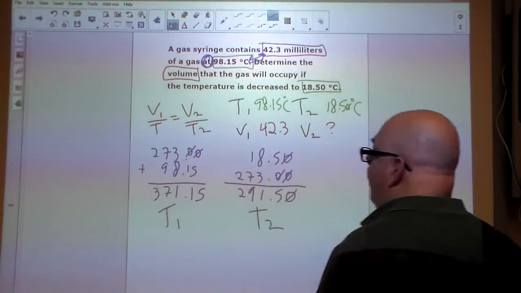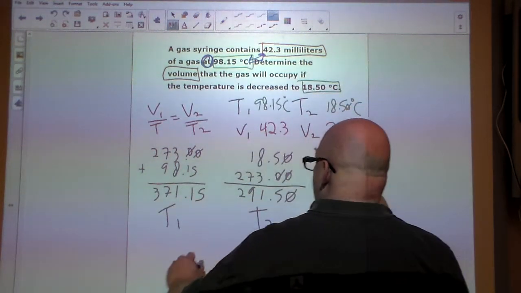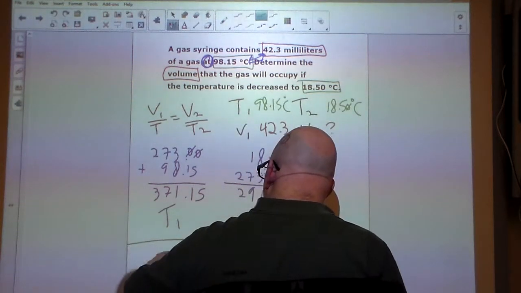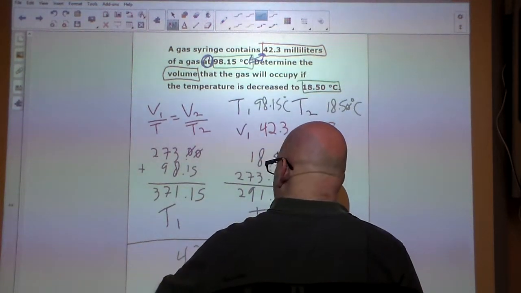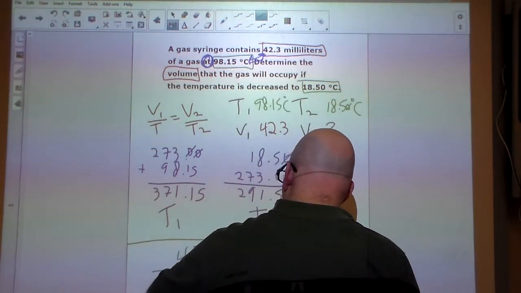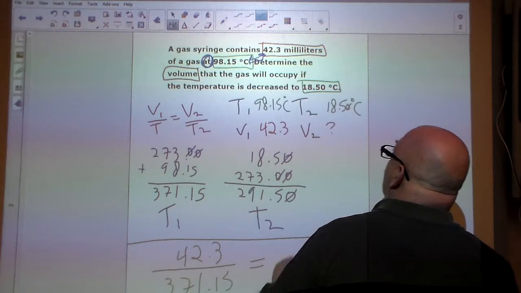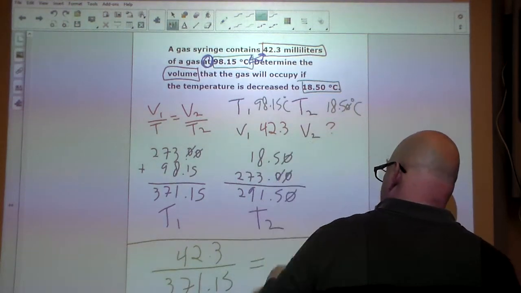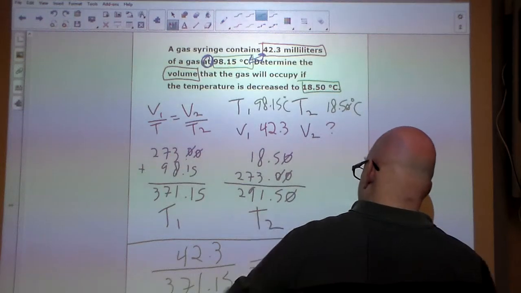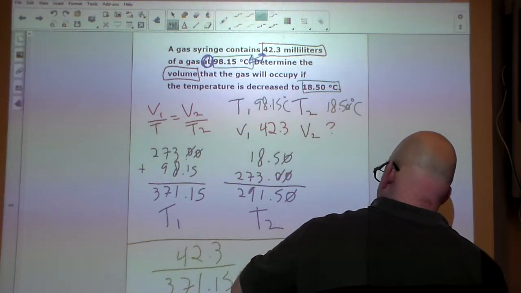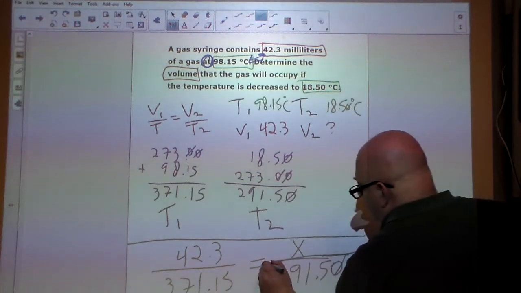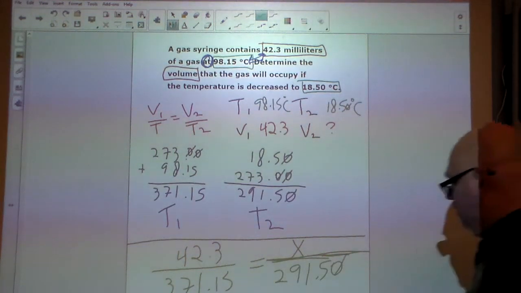So here we go: 42.3 over T1, 371.15, is equal to our volume 2, which is our X because we don't know what that is, over 291.50. So this is our plugging in to Charles' Law.